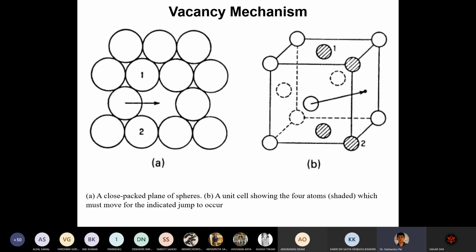Now we are going to understand the vacancy mechanism. In the case of the vacancy mechanism, you have to understand how a vacancy is created, which we already have discussed. In all crystals at temperatures just greater than absolute zero, some of the lattice sites are unoccupied. These unoccupied sites are named vacancies, which we already understood.